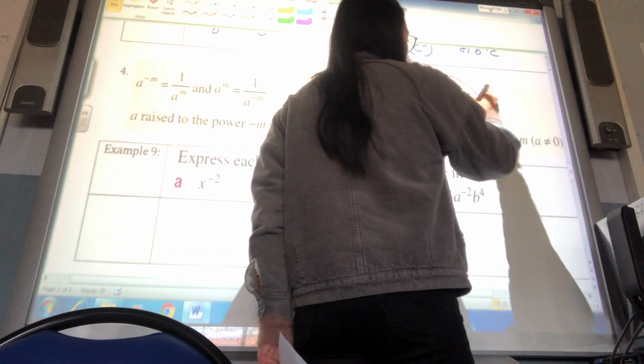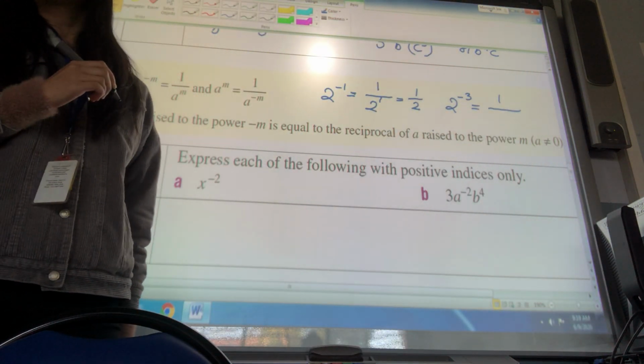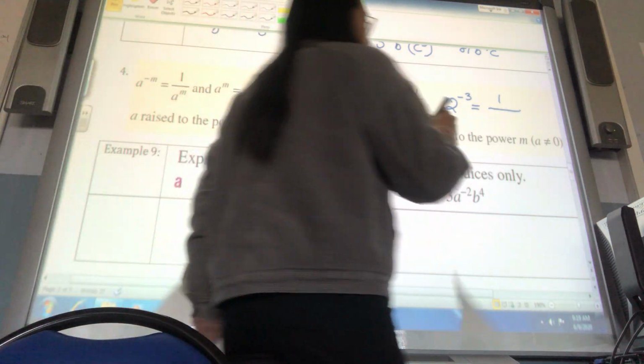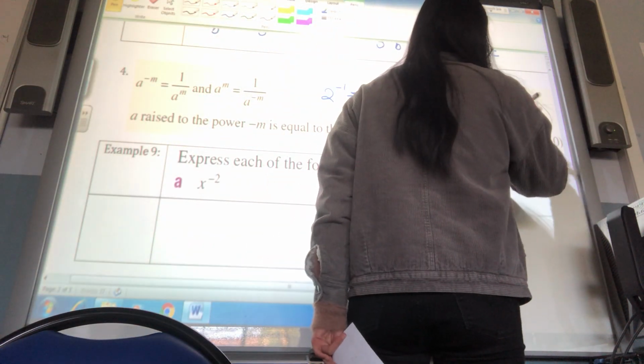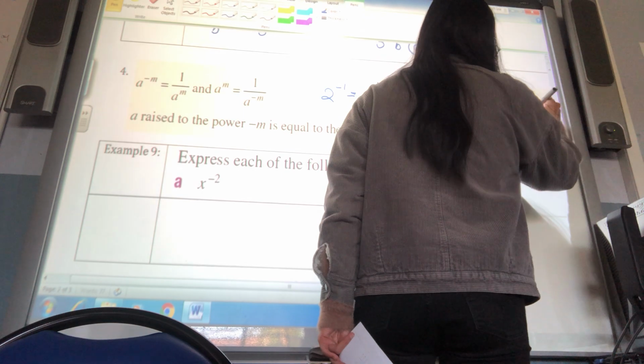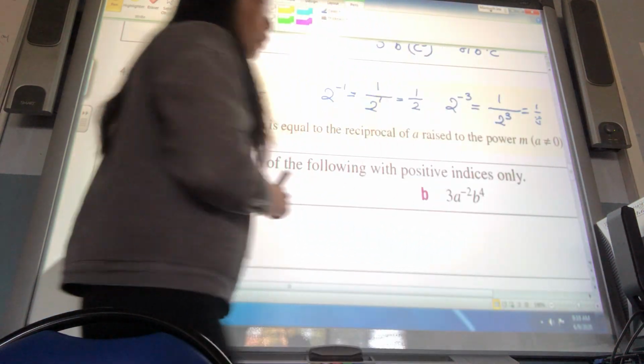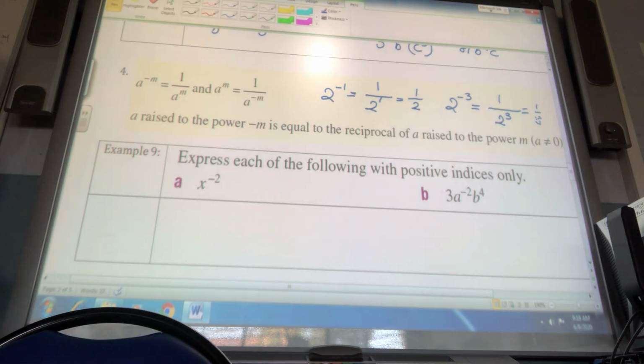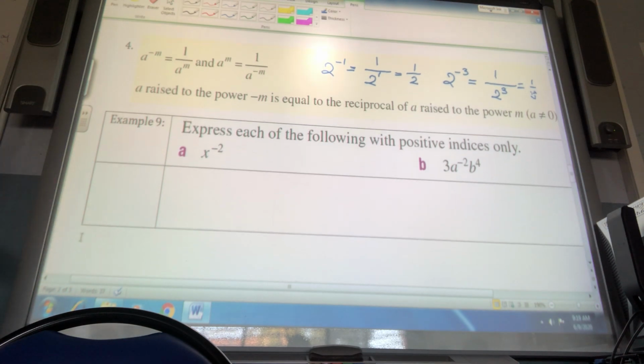So once again, you change it into a fraction first, and it's 2 to the power of 3. And that's not 6, it's 8. So it's 1 over 8. 1 over a. So whenever it's a fraction, flip it first. Whatever the power is, that's going to go on the bottom with your actual base.